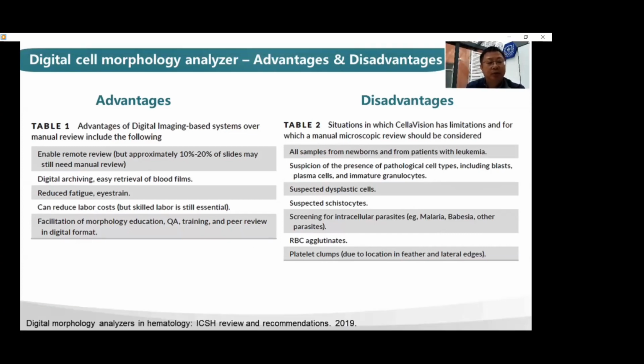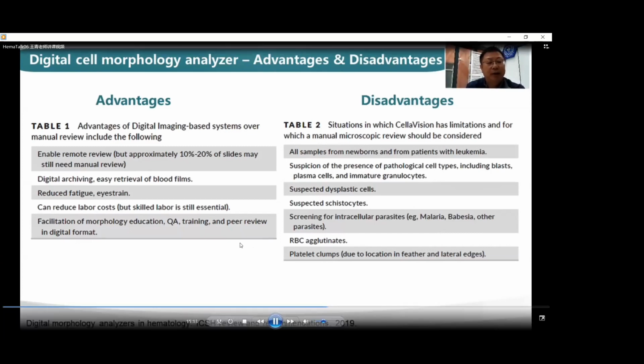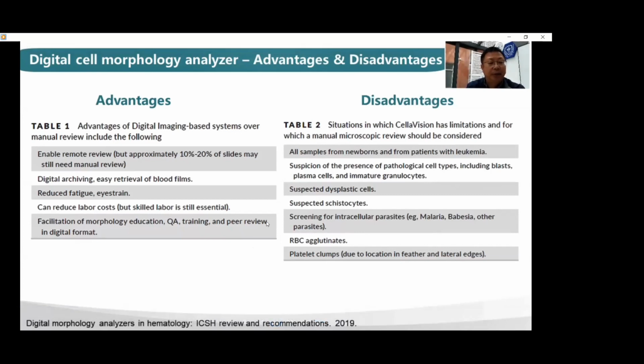80以上的这个，我们可以通过这个过筛。 So you can say that this is truly an advanced technology for people to use. On the right side, we should also take a look at the disadvantages.